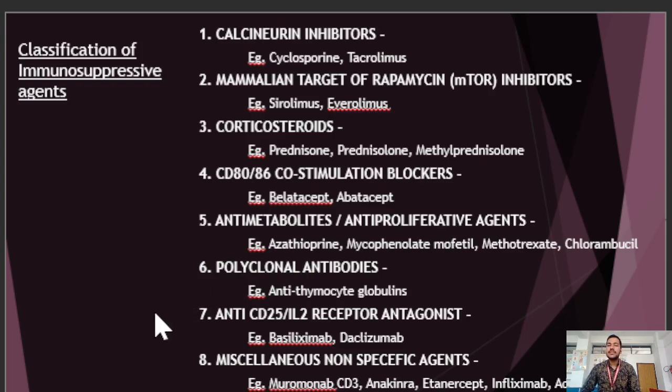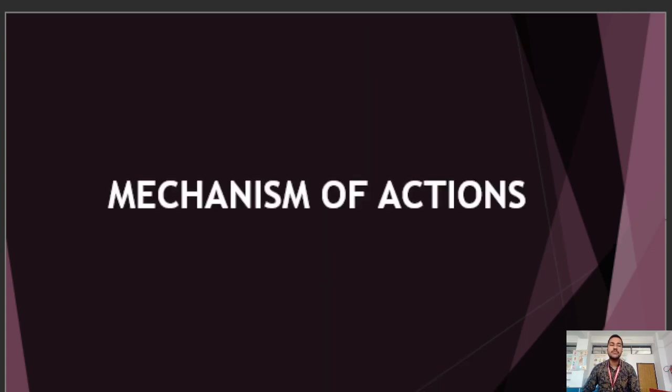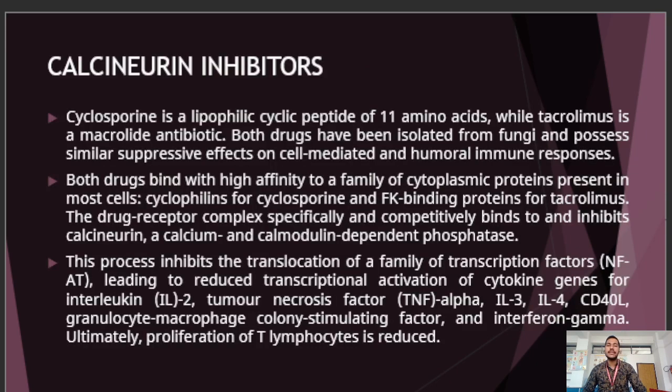Number 7 is anti-CD25 or IL-2 receptor antagonists. Examples are basiliximab and daclizumab. And the last one, number 8, is miscellaneous non-specific agents. Let us now see the mechanism of action of all the agents.